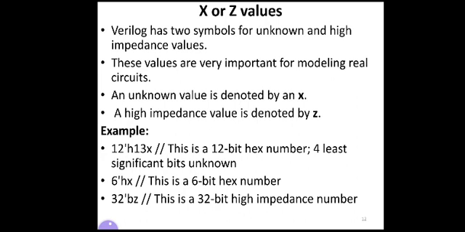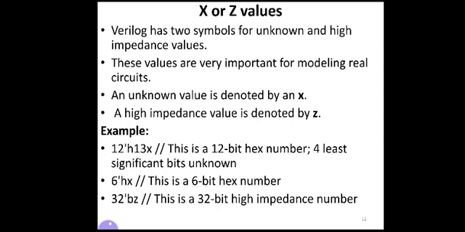Each hexadecimal digit is of 4 bits, that's why 4 unknown bits are available here. Second example, 6'hX. So a 6-bit hexadecimal number, and all the 6 bits are unknown here.